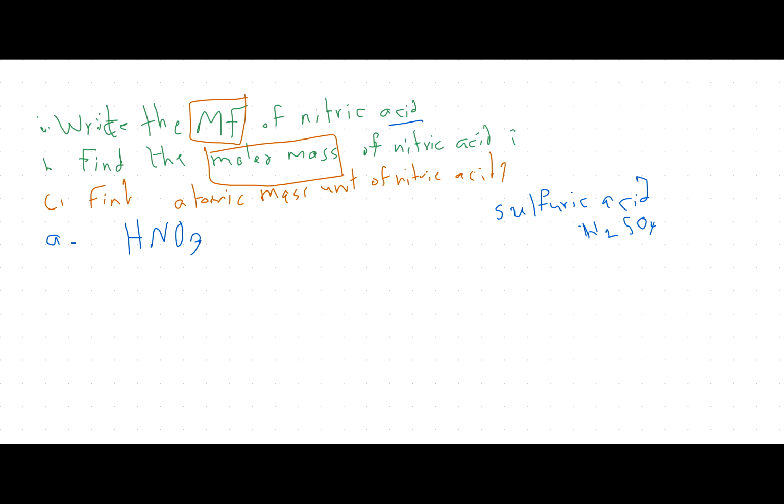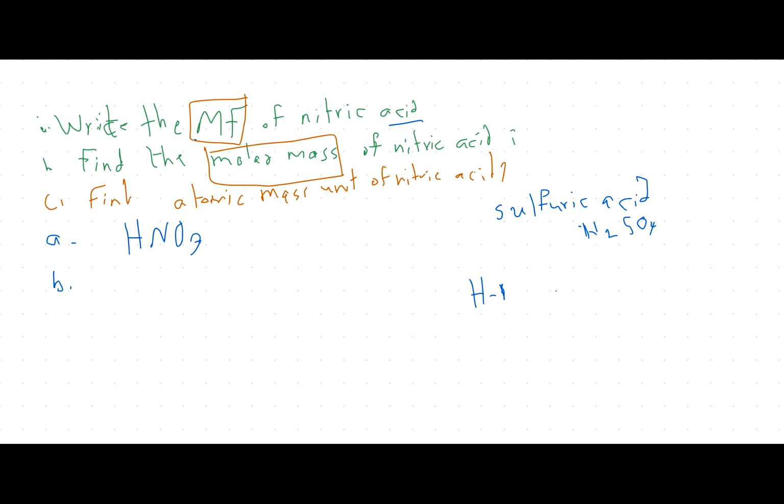Part B. Part B is what? I have to go to my periodic table. Usually, if he doesn't allow me to use my periodic table, he has to give me the molar mass of each one. He has to tell me that hydrogen is 1, nitrogen is 14, and oxygen is 16.